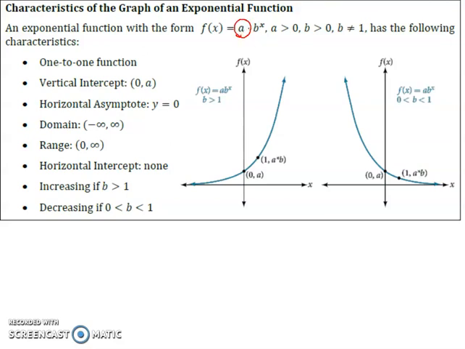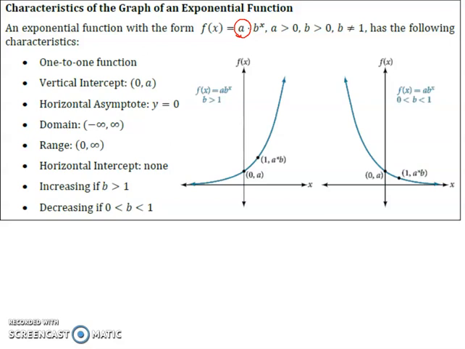So long as you have no translation, so we're not shifting our graph vertically in any way, your horizontal asymptote is going to be y equals 0. This can change, just like when we were graphing sine and cosine functions. That midline moved up and down depending on whatever vertical shifts we had on our graph. But if there are none, our home base is for your horizontal asymptote to be at 0.